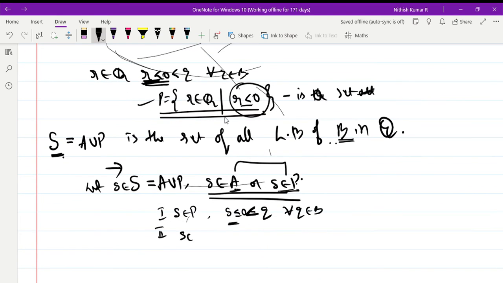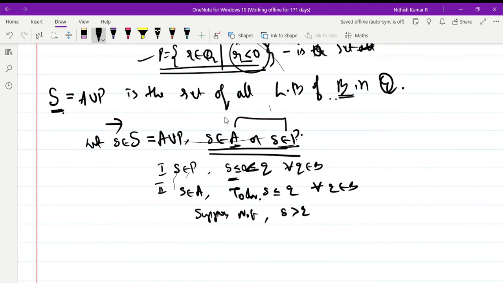Suppose s is in A, we need to show that s is less than or equal to every element of B. That is to show s is less than or equal to q for all q belongs to B. Suppose not. That means s is greater than q.